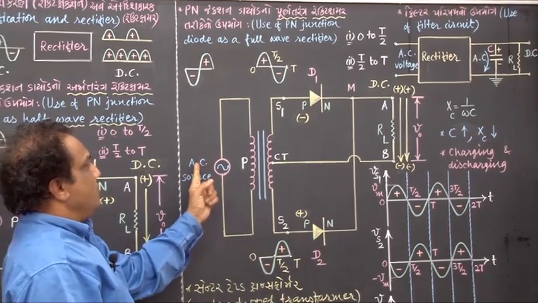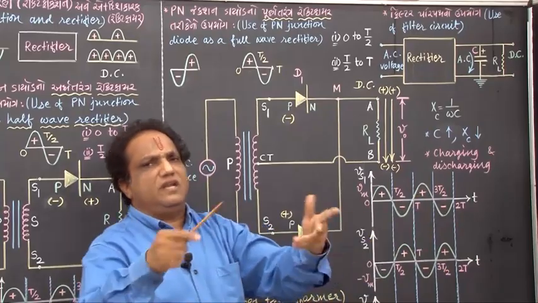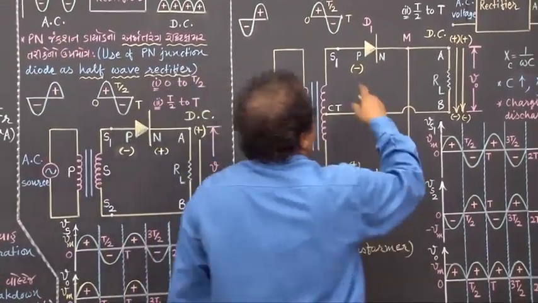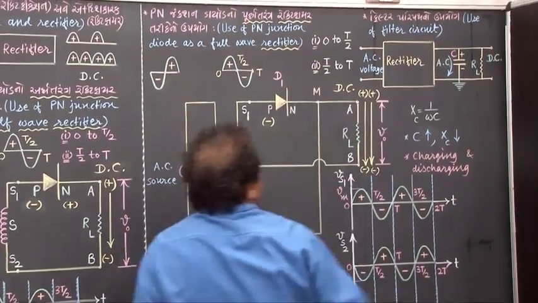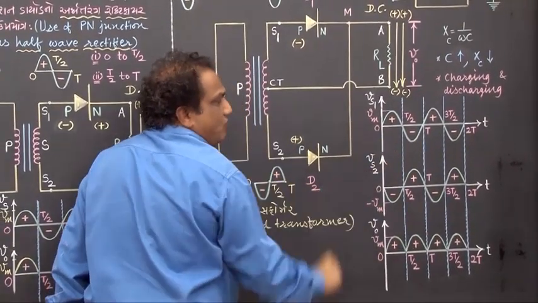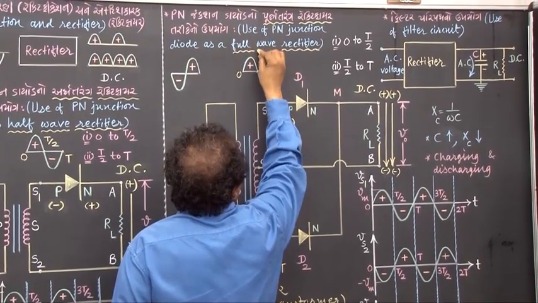The process of conversion of AC into DC is called rectification, and the device made for that is called a rectifier. So I can call this device a rectifier, correct? But because we get output voltage for the full cycle of secondary voltage, we call it a full wave rectifier.